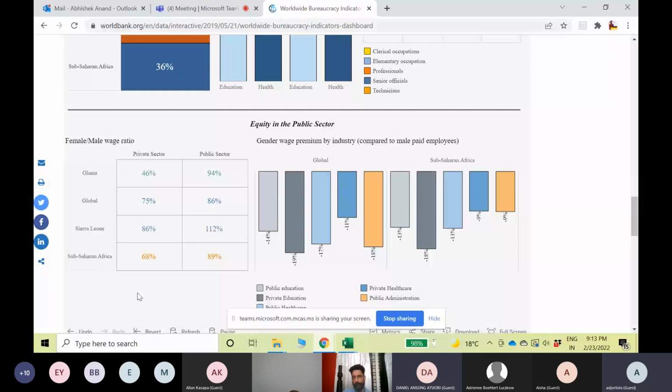But again, we also realize that we have trade unions and staff associations that are supposed to fight for all staff. But in most cases, the executive positions are held by men. And so we may have a situation where the men fight for what is good for the men and not necessarily what is good for women.